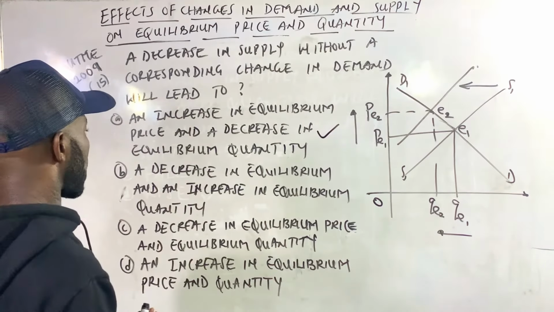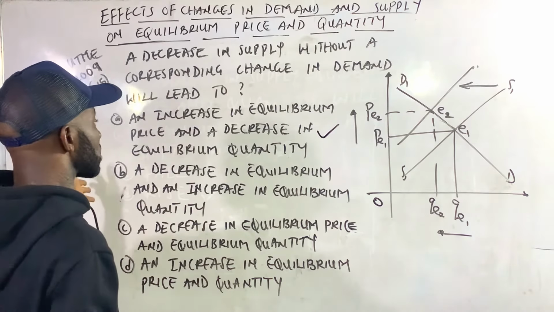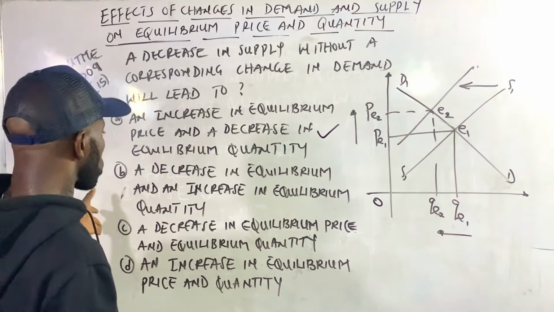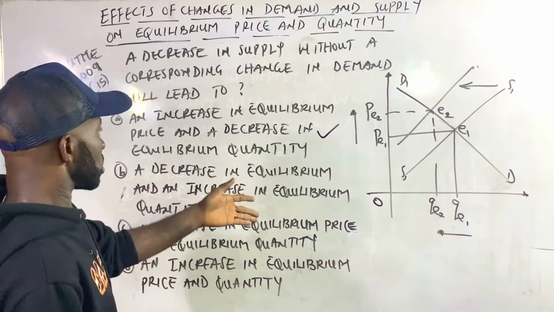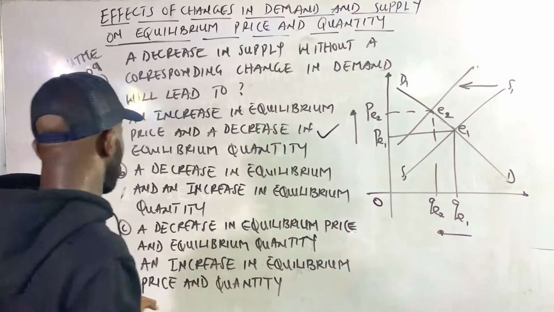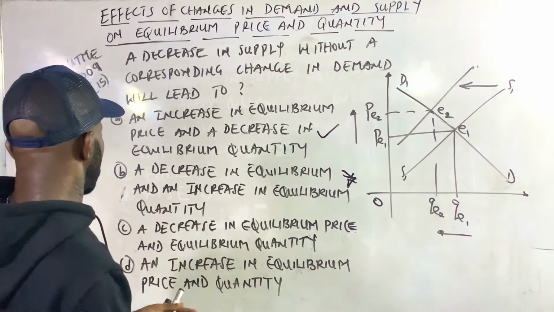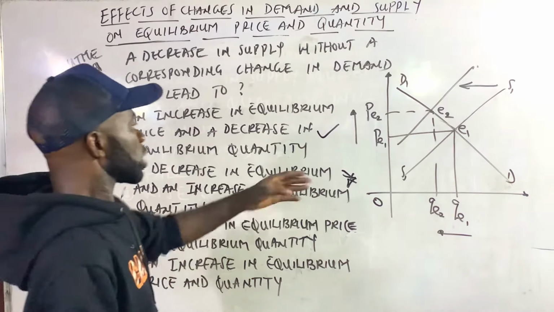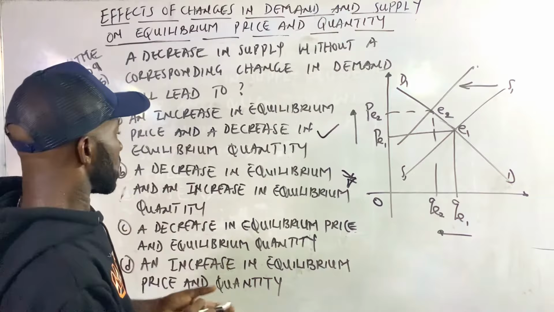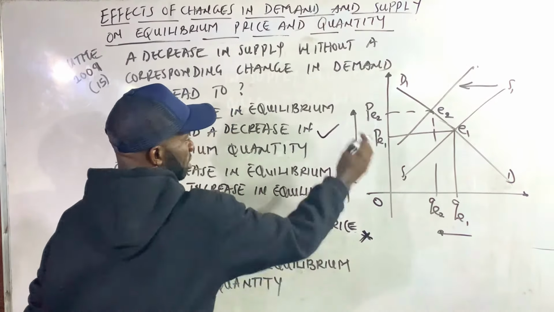B can't be your answer, C can't be your answer, D can't be your answer, because we can't have two answers in one question. A decrease in equilibrium price and an increase in equilibrium quantity is not what we have, looking at the arrows. So that makes it wrong. A decrease in equilibrium price and equilibrium quantity, the two of them don't have decrease, makes it wrong, because we have increase, decrease.